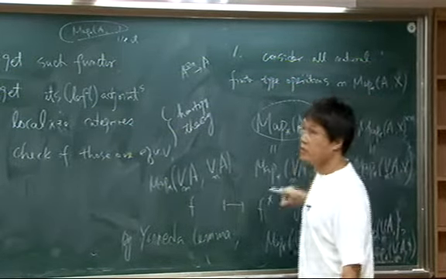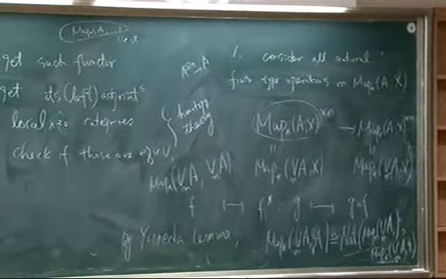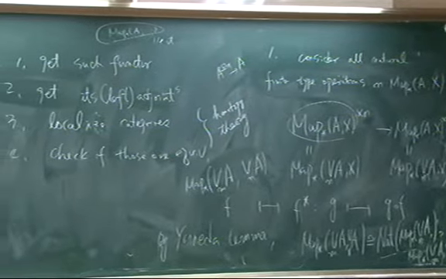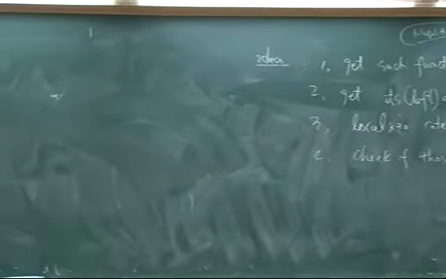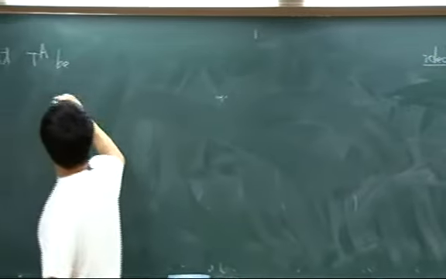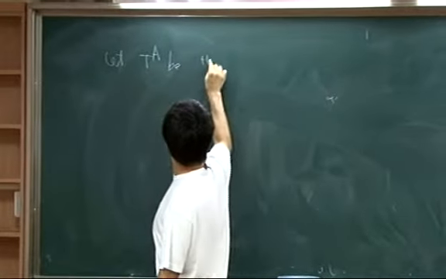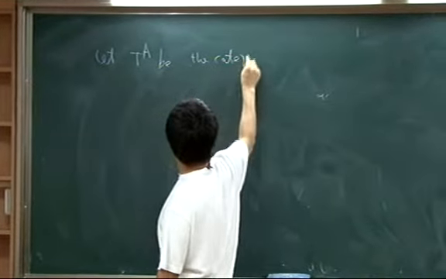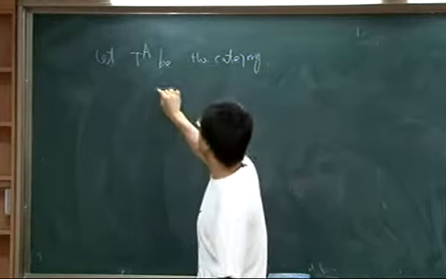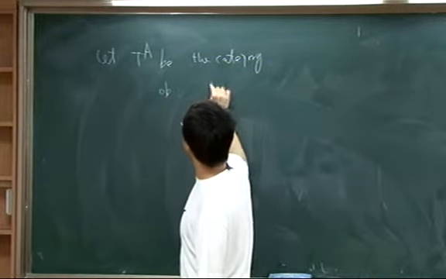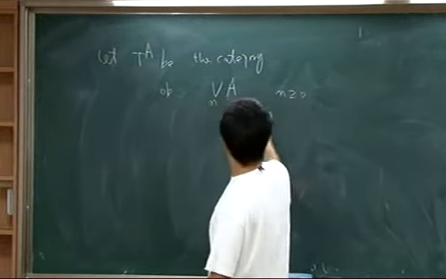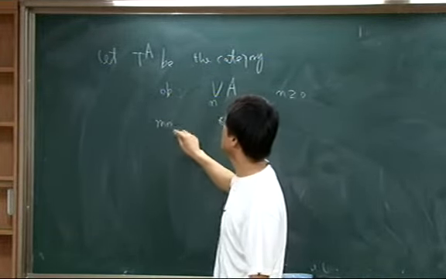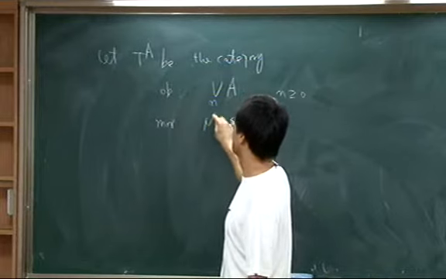Topological space. This actually says, let's say TA is the category. Here, objects are just wedges of A. And then morphisms are this one.